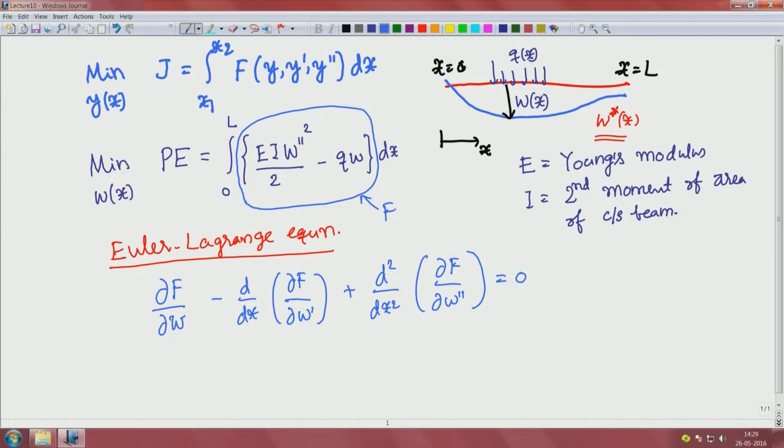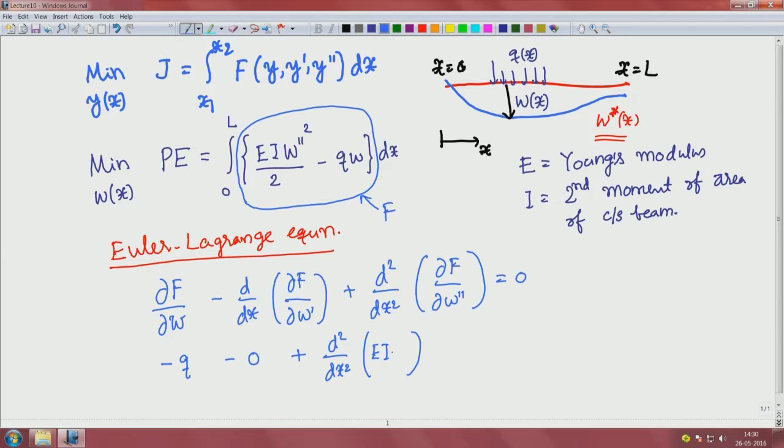We see that f depends on w. So, dou f by dou w is going to give you minus q, and this f does not have dependence on w prime, so that is equal to 0, plus d square by dx square of dou f by dou w double prime, where the 2 and the square cancel.